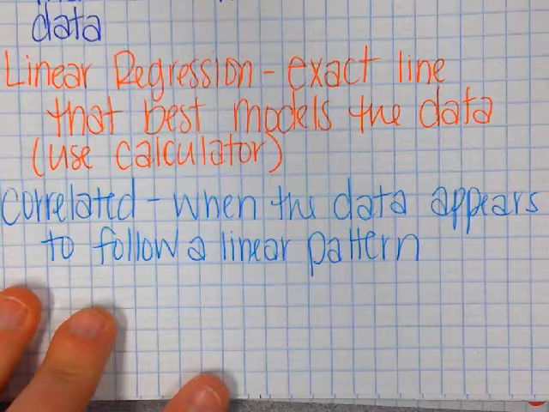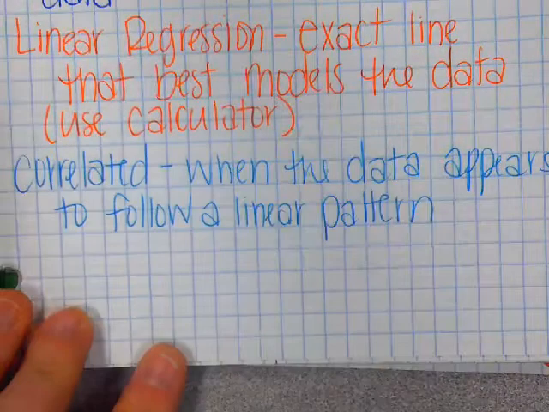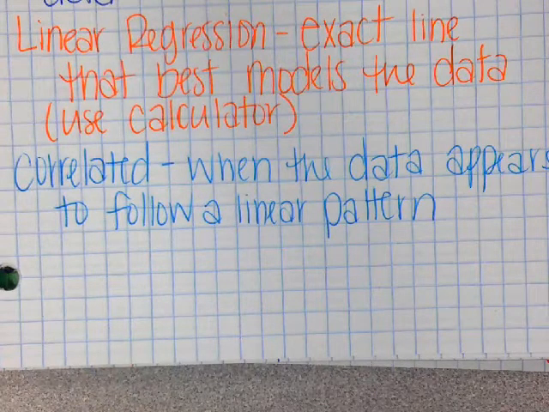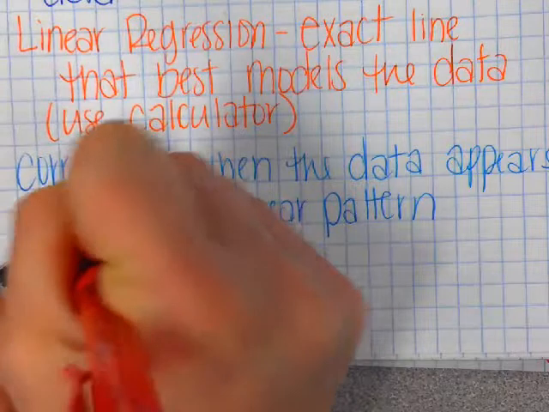Let me make sure you can see that. It's called a positive correlation. Let me pause it for a second. So a positive correlation is when the points follow a line that rises from left to right.